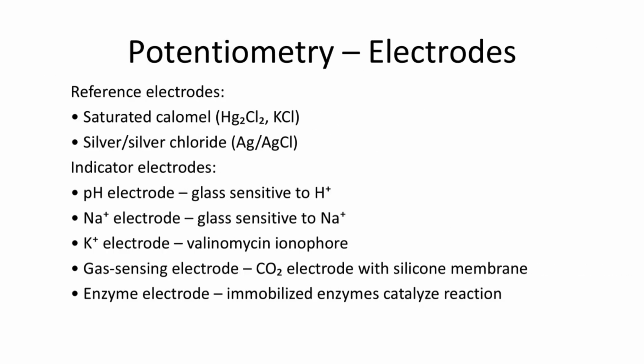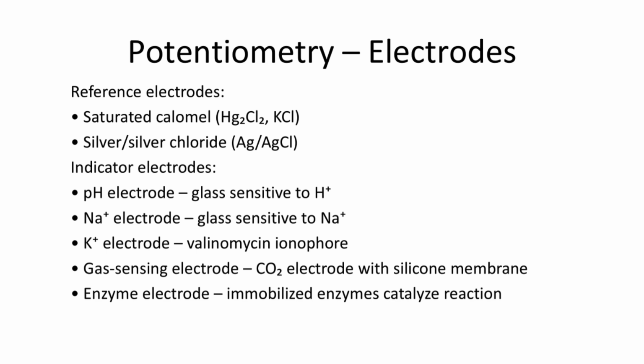The reference electrode is usually either a saturated calomel electrode, which contains mercury chloride and potassium chloride, or a silver-silver chloride electrode. The indicator electrode is designed to interact only with the analyte of interest.